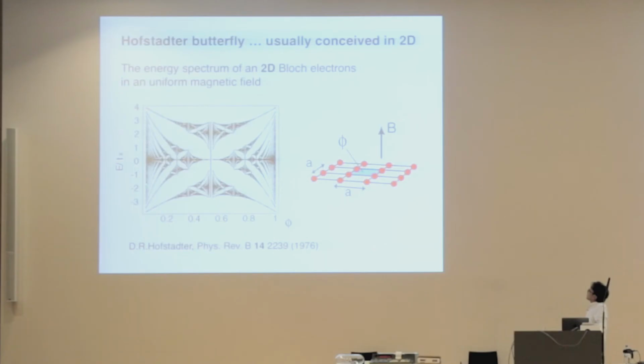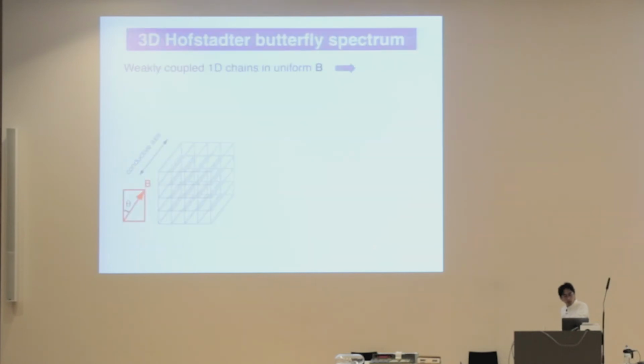The Hofstadter butterfly is usually conceived as peculiar to two-dimensional systems. But in my PhD work, I showed the following. We think about an array of one-dimensional chains, for example. It's a tight binding model, actually.